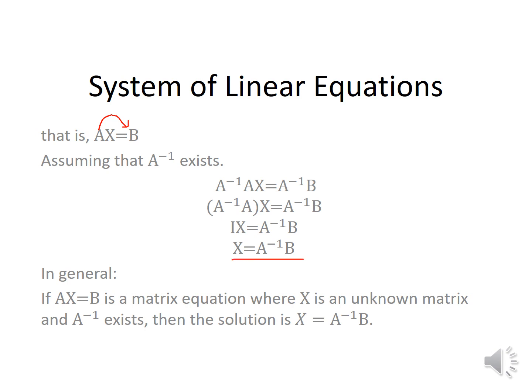So the matrix X is equal to the inverse matrix of A multiplied by matrix B. If AX equal to B is a matrix equation where matrix X is an unknown matrix and the inverse matrix of A exists, then the solution is matrix X equal to the inverse matrix of A multiplied by matrix B.